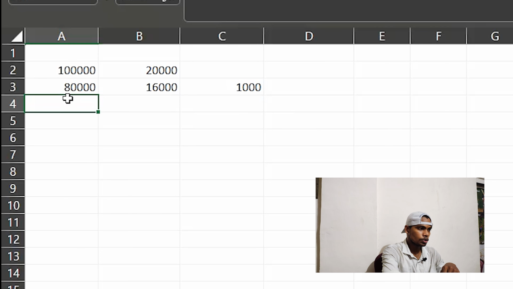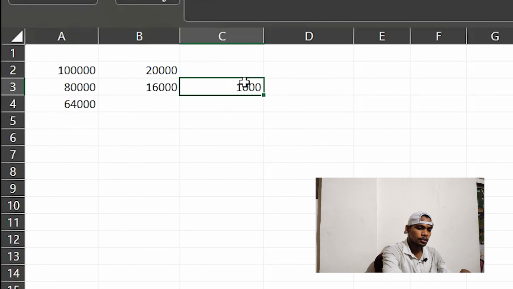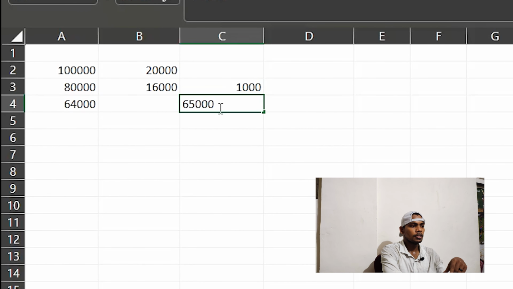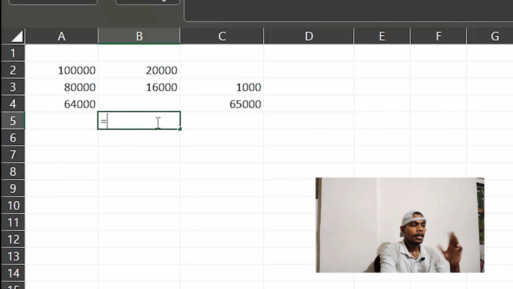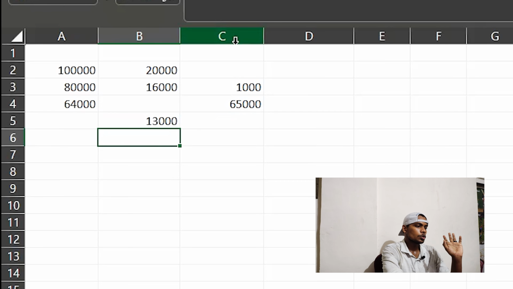Let's say 64,000. To the 64,000, we will add this 1,000. So it comes to 65,000. Out of 65,000, we are going to take a position sizing of 20%. It comes around 13,000.